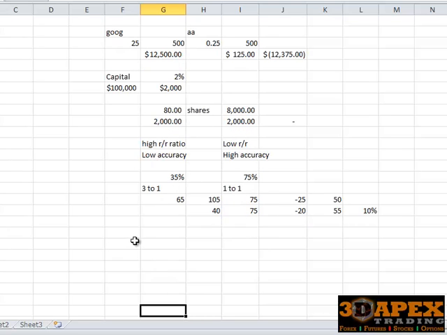Let's take a traditional intraday trade in the ES. The ES is the S&P 500 index proxy, and it has a value per point of $50. You really can't get any smaller than that, right? So if you only took one contract, it's going to cost you $50.